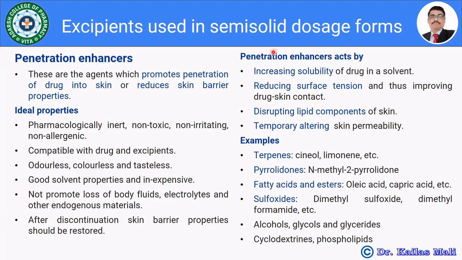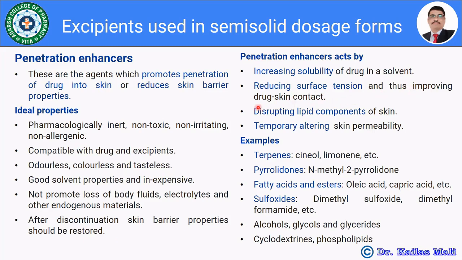Now moving towards the mechanisms of penetration enhancers, how they are going to act. Very first one, they increase the solubility of drug in solvent. For example, surfactants have the ability to increase the solubility. Some solvents reduce the surface tension and thus improve the drug skin contact. Yes, some of the penetration enhancers have the ability to reduce the surface tension and thereby improve the drug skin contact time.